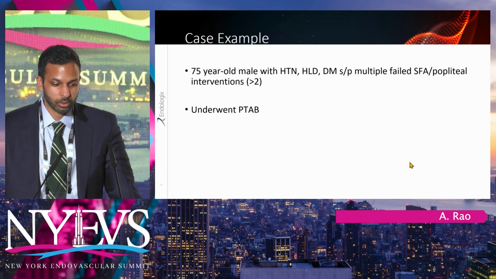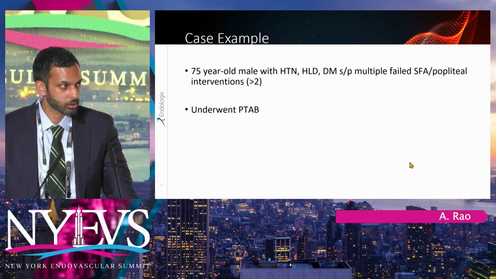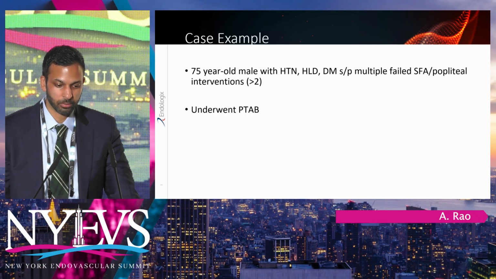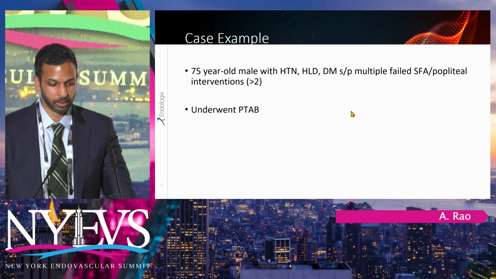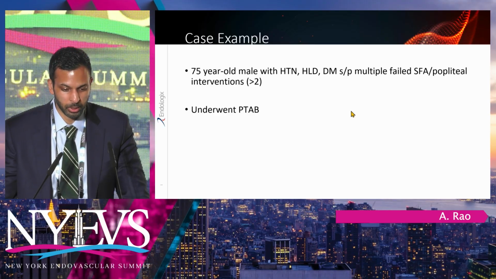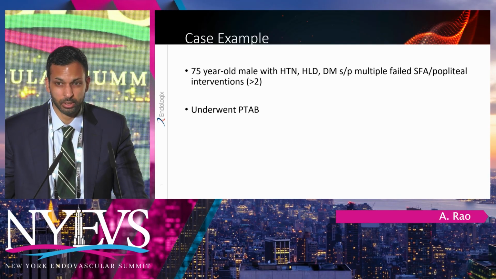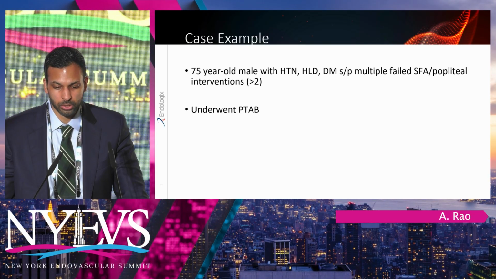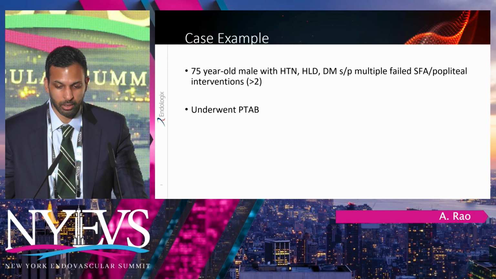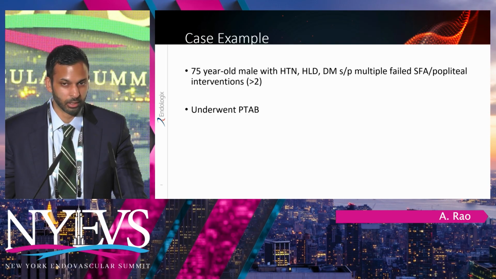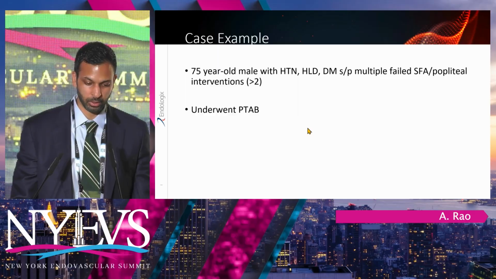Okay. So I have one other case here. This is another example of when you may want to consider a PTAB. This was a 75-year-old male with hypertension, hyperlipidemia, diabetes. He underwent multiple prior failed interventions. I think they had at least 2 SFA pop interventions.